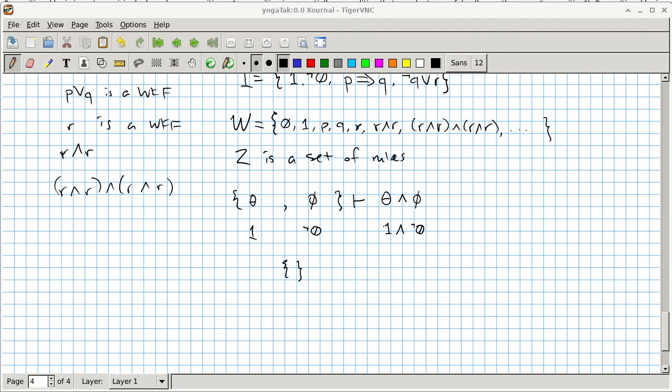And I can say this. Oh, I do need one, sorry. I'll show you one that does not need anything. This one is easy because all I'm saying is, find me a well-formed formula that is known to be true at this point.